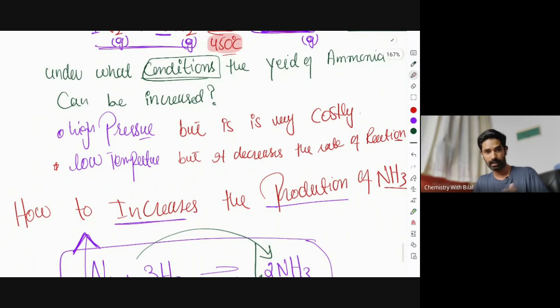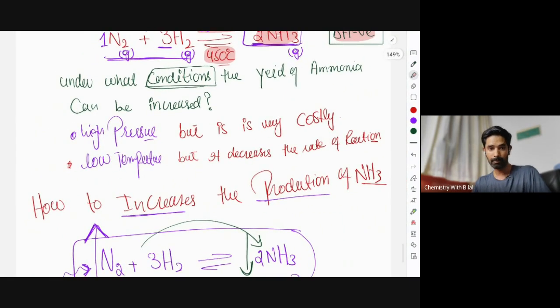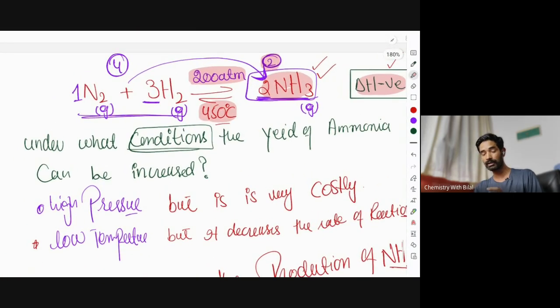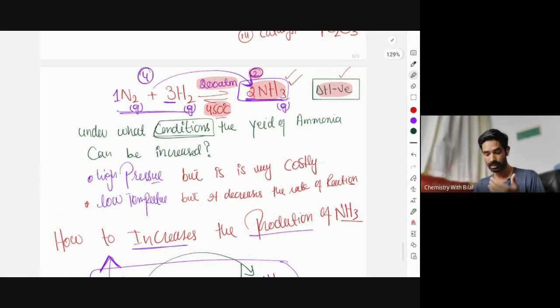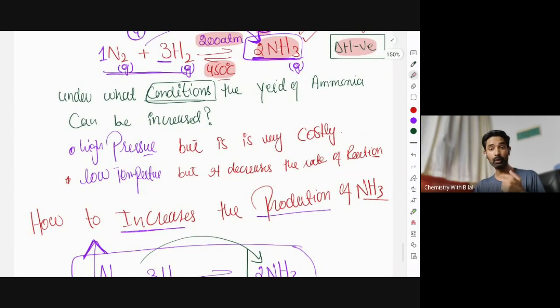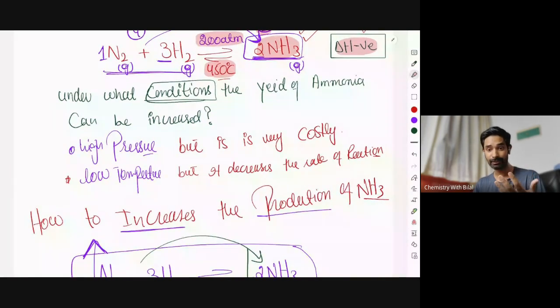So that's it for the conditions, but what are the suitable conditions, the optimum conditions, and why are those conditions optimum? We can increase the pressure to get more ammonia, but maintaining high pressure is costly. So 450 degrees and 200 atm are optimum.